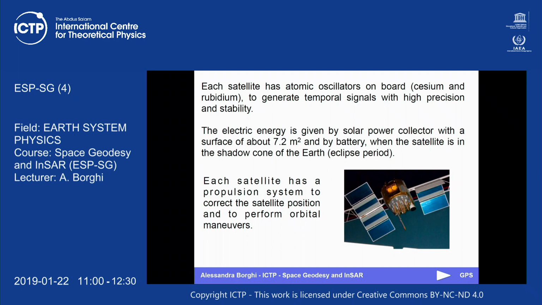Okay. I need to go to the core part of the system. Each satellite has an atomic oscillator on board, of cesium or rubidium. Because the clock is the core of the system, we need to generate temporal signals with a very high stable precision.